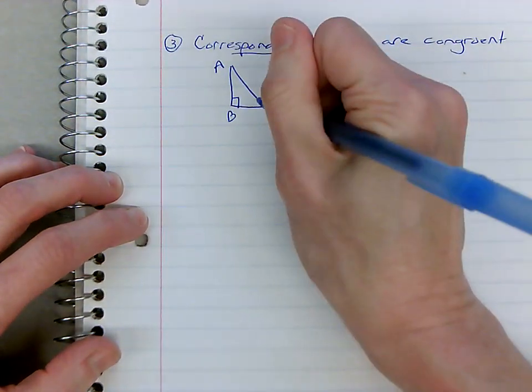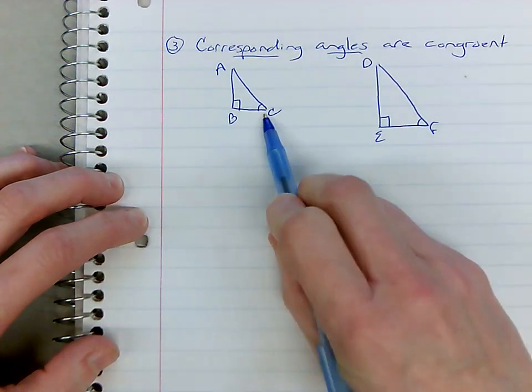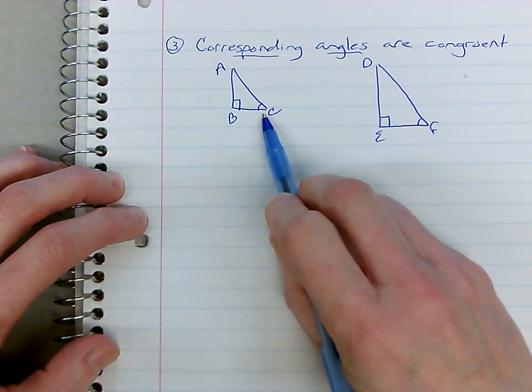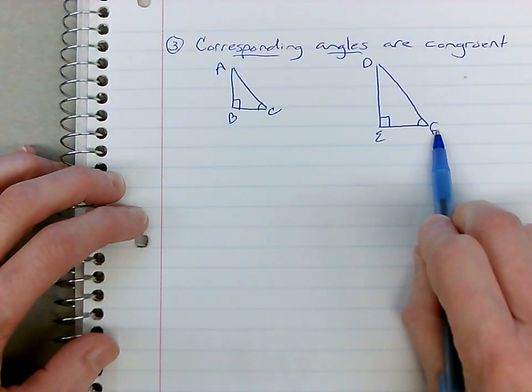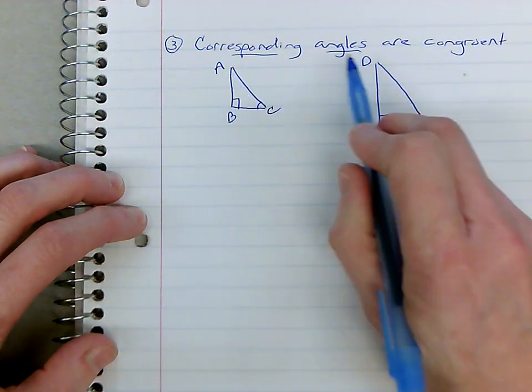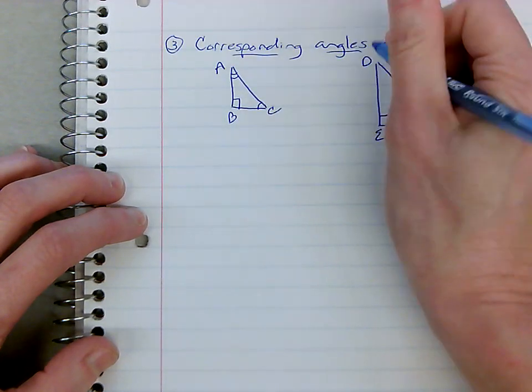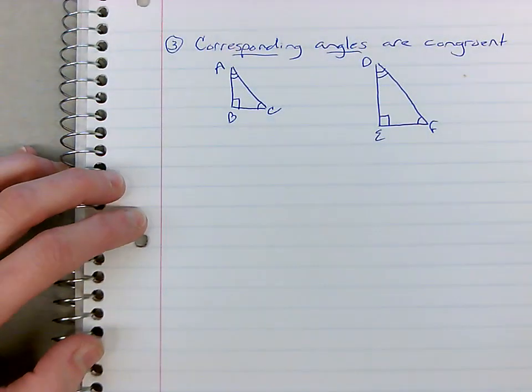And then what I'm going to do is I'm going to put this angle marking, a single angle marking, in angle C and angle F. And at the top, at angle A and angle D, I'm going to put a double angle marking there, like this.